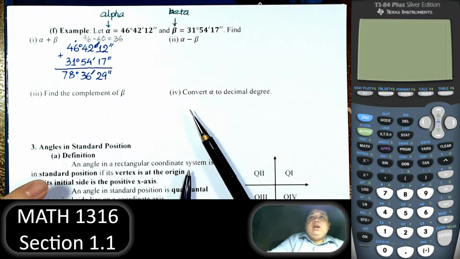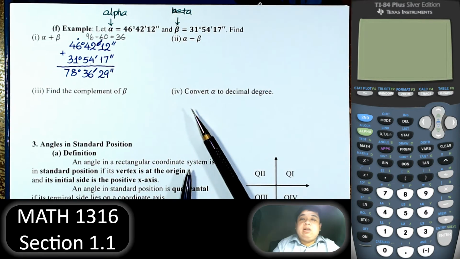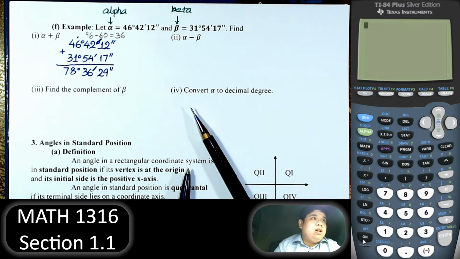And that will be 78 degrees. Right. If we have a calculator, a TI-84, we can certainly add them. So you see above this purple button, there's an angle. So that's what we use.